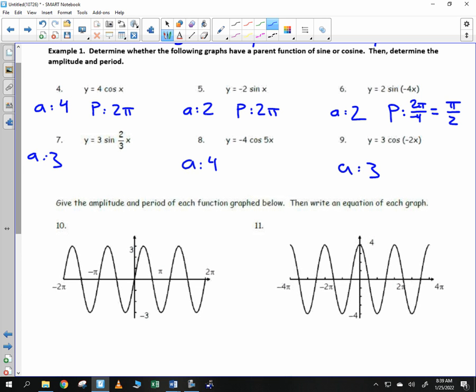This one's a little bit different. I have the period, I take 2 pi, and I divide it by what? 2/3. I don't divide by fractions. Instead, I multiply by reciprocal. So I'm going to multiply by 3 over 2. What's going to happen when you multiply by 3 over 2? 2's cancel, leaving me with 3 pi.